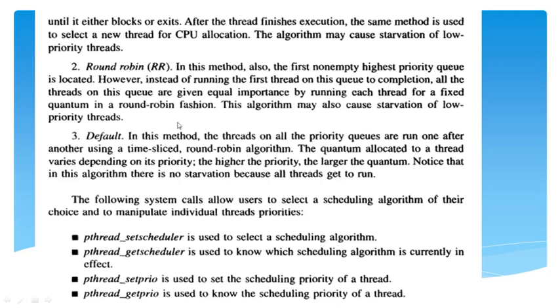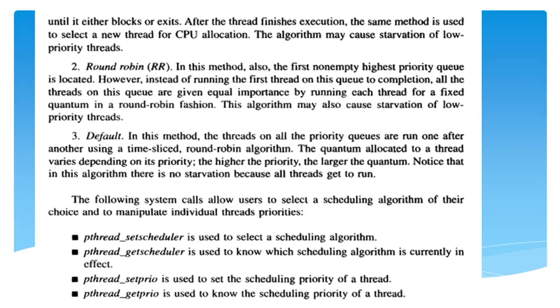I have said this before in this lecture; if you have missed it, listen there. In round robin, if there are three threads and the time quantum is 5 seconds, all three threads will get 5 seconds each. If any of the job is left, it needs to wait for the second chance.